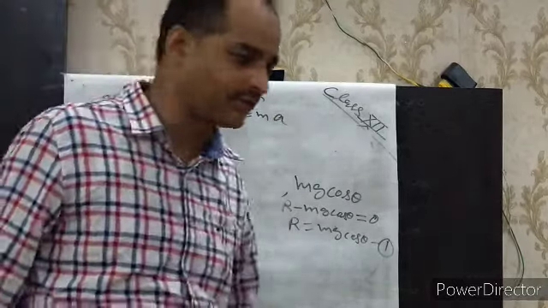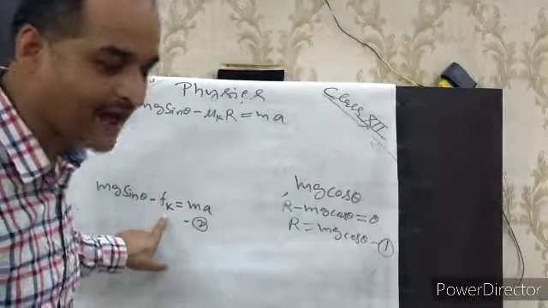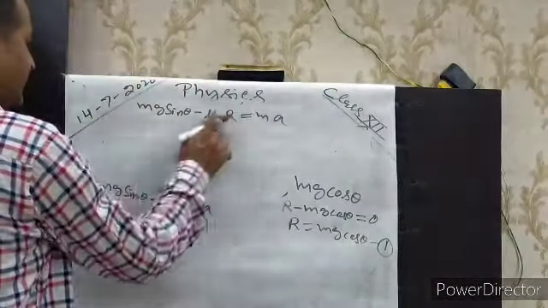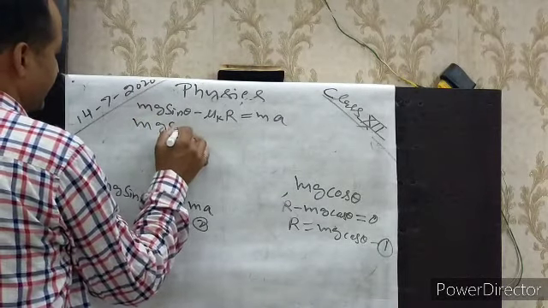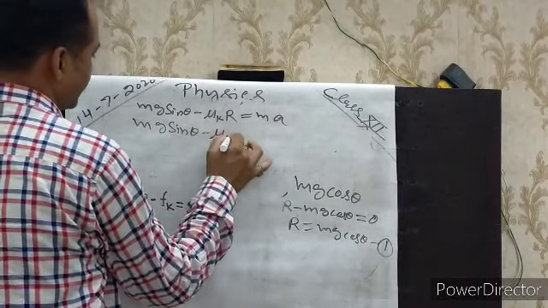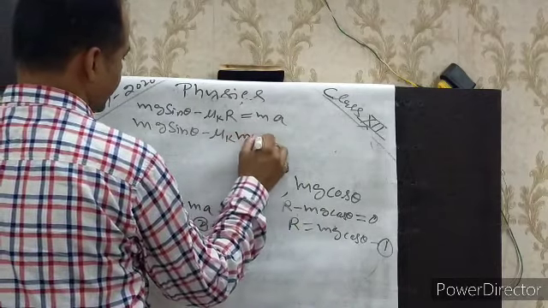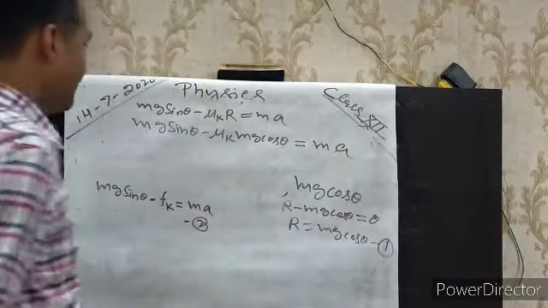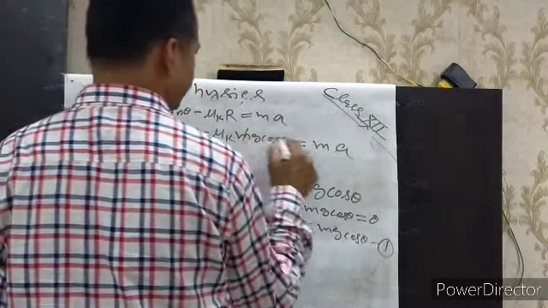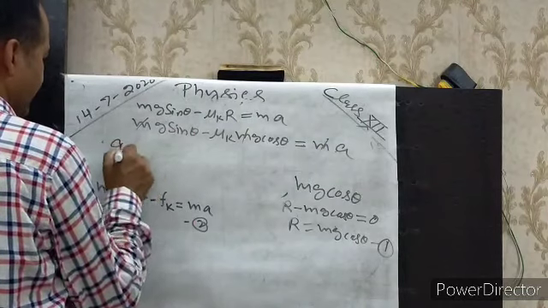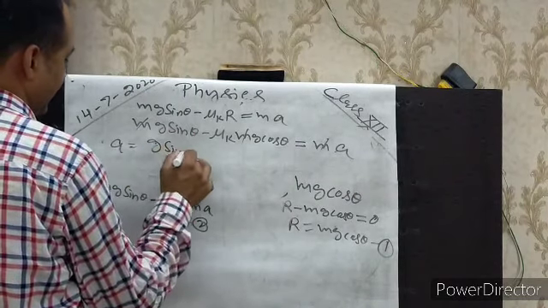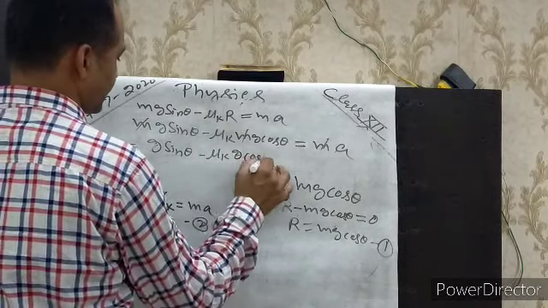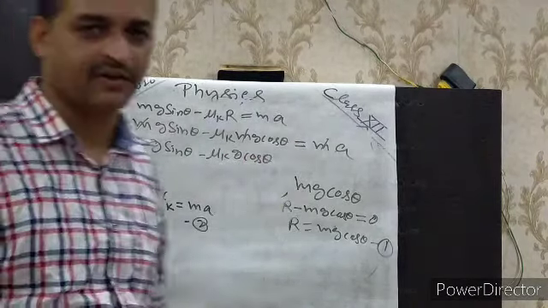In all cases you will write F is mu R, then the value of R you will take from here. What is the value of R? Mg cos theta. Substitute over here. Mg sin theta minus mu k mg cos theta is equals to ma. Then cancel out m. The acceleration of the body is a is equals to g sin theta minus mu k g cos theta. So this is the acceleration of the body in this case.